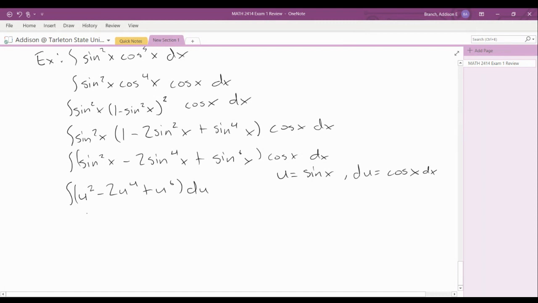If we integrate, we're going to get 1/3 u to the third minus 2/5 u to the fifth plus 1/7 u to the seventh plus c. And then just go ahead and put your sine back in, and we're done.